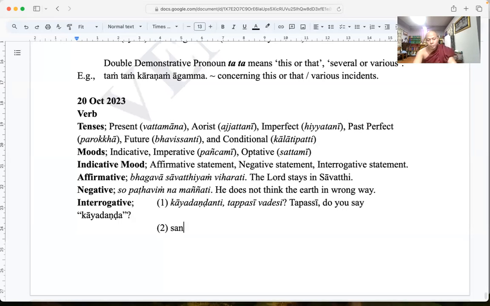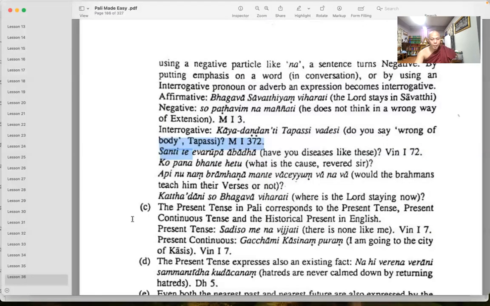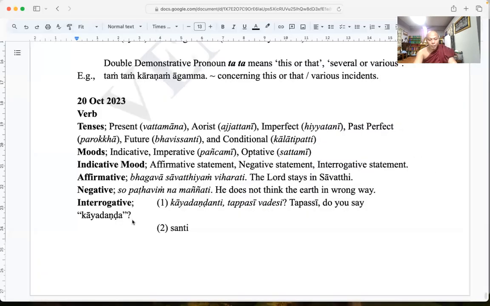Next one is here. "Santi di ewa rupa abada." Commonly "santi" is used as an affirmative, and "santi" is commonly at the end of a sentence.